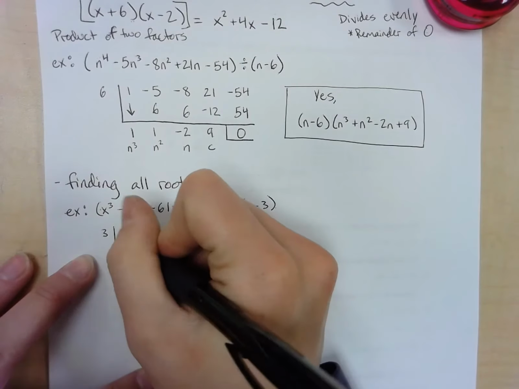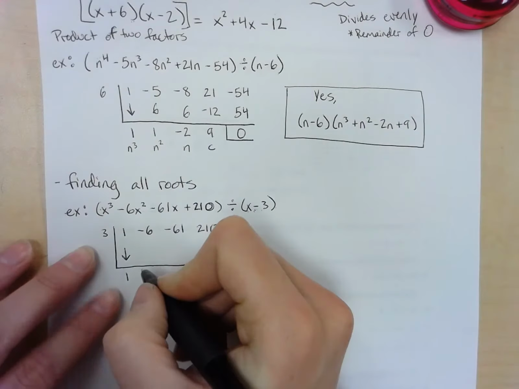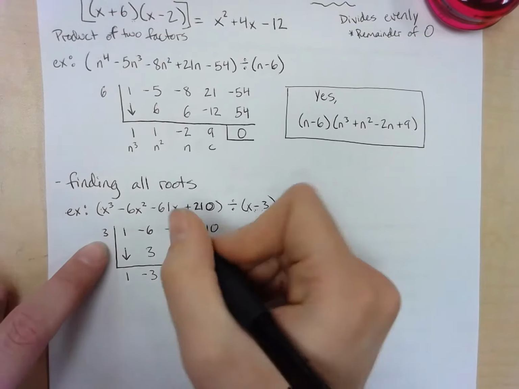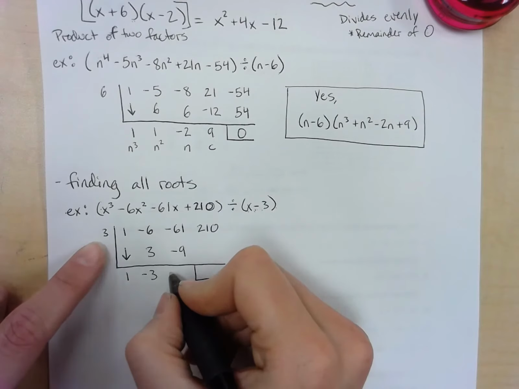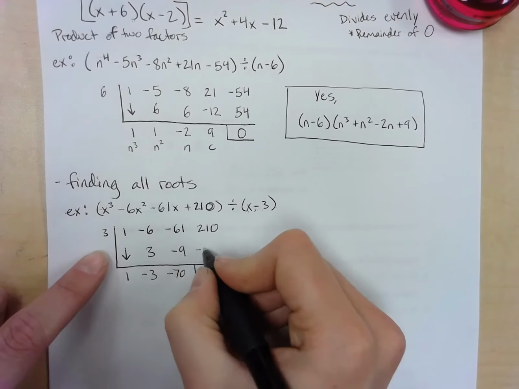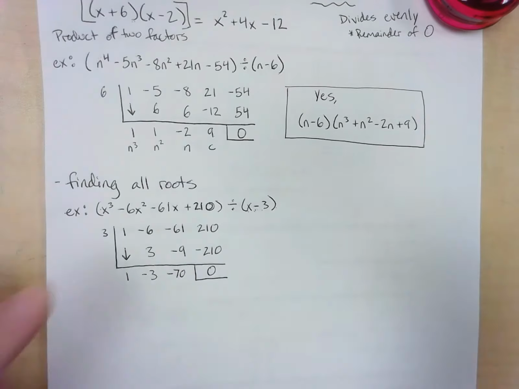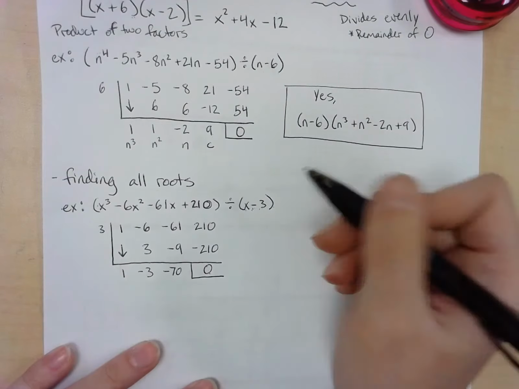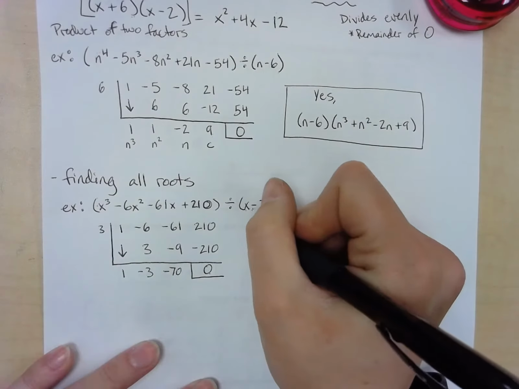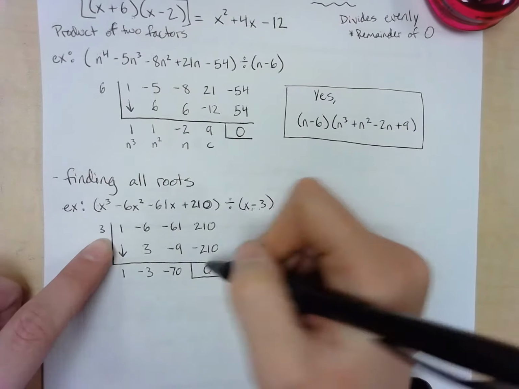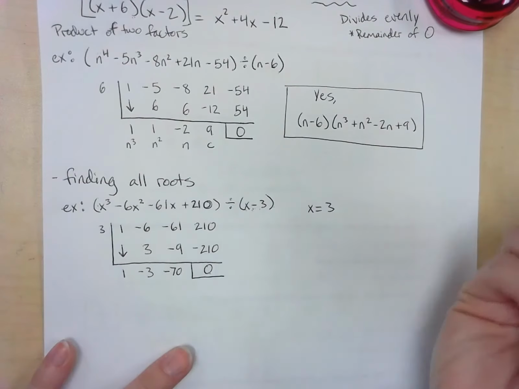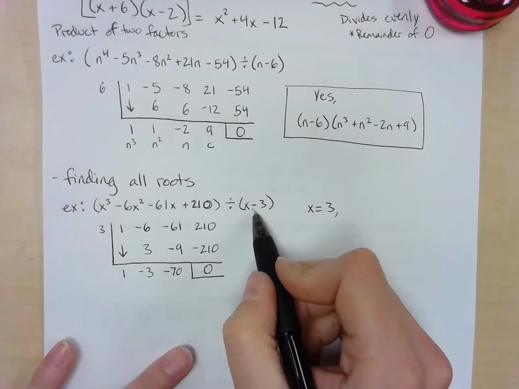So drop, multiply, add, multiply, add, multiply, add. Okay, so yes, x minus 3. So I know that one of my roots is positive 3 because I got a remainder of 0. So basically, I'm just going to keep track. Root meaning solution, so 3, because it was the opposite of that.